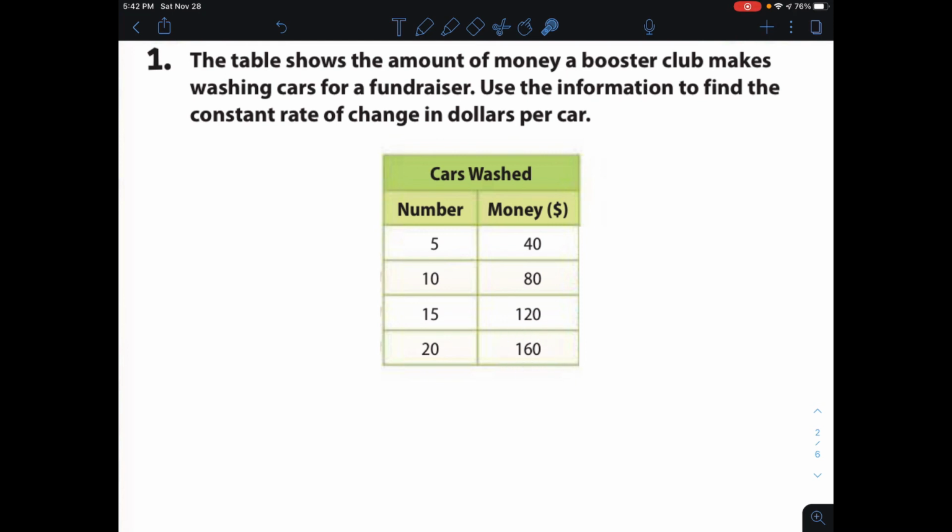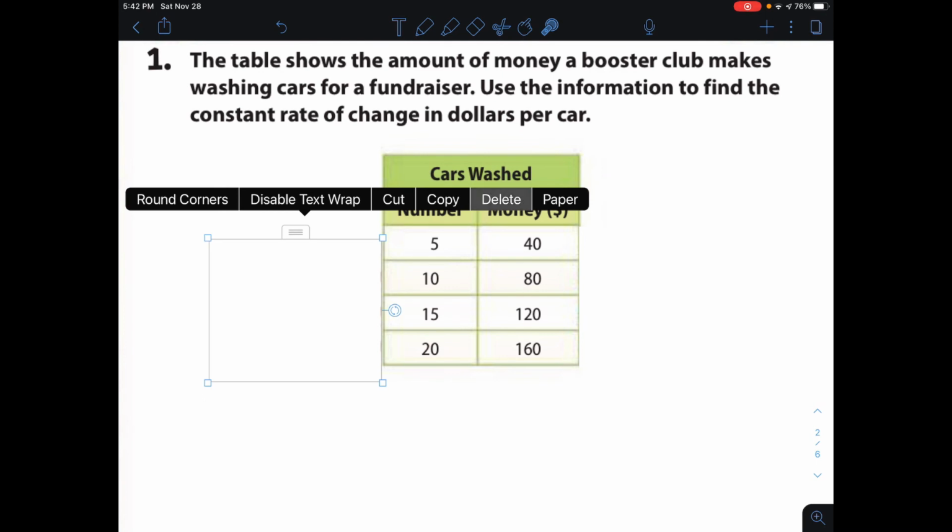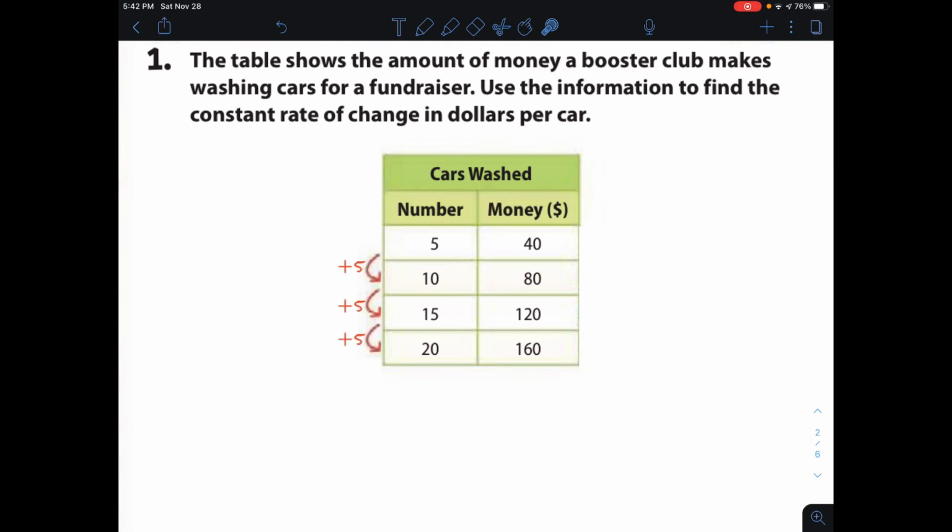Now let's take a look at the change in the number of cars. From 5 to 10, you add 5, 10 to 15, you add 5, 15 to 20, add 5. So here, you simply add 5 every single step. Same thing here.